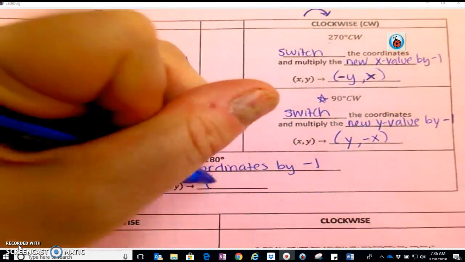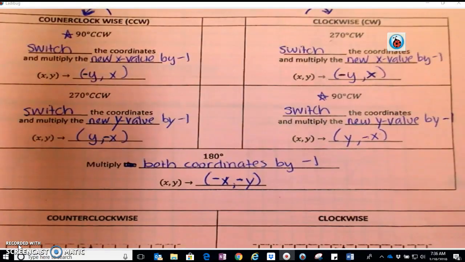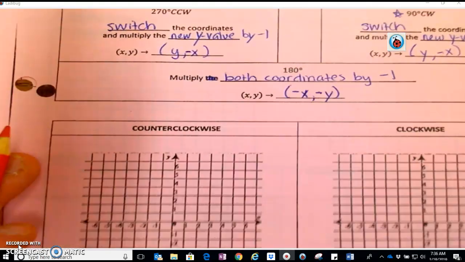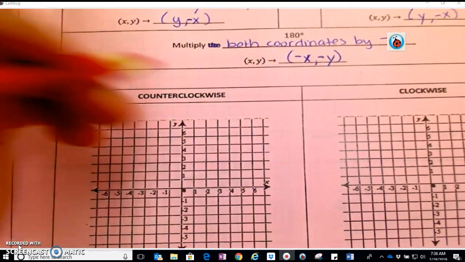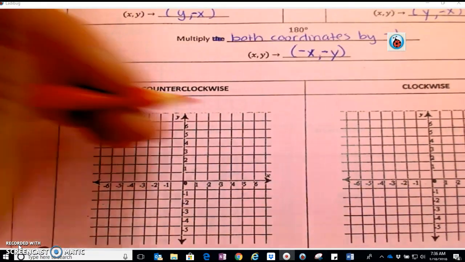All right, so the X and the Y here do not switch. They just become the opposite sign of whatever they were. Alrighty, so let's just take a look at what it looks like in one single point. Now, you're not going to see anything being turned per se.